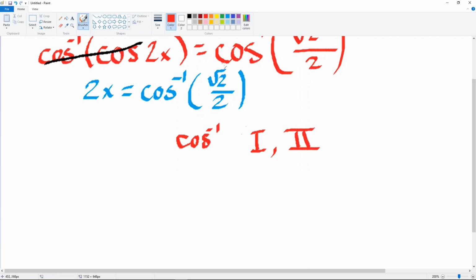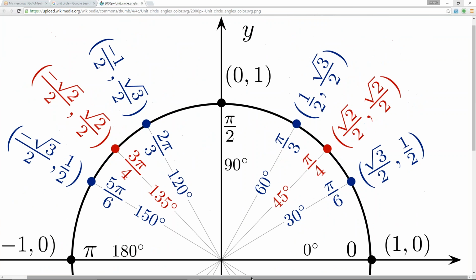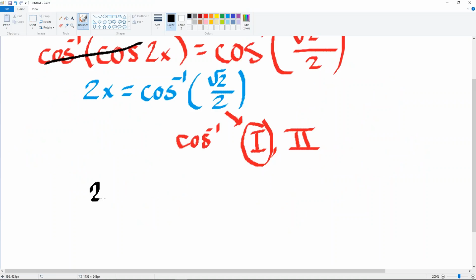In this case, it's positive, right? Yes. Radical 2 over 2, so we're going to be in quadrant 1. And if you look at your unit circle, quadrant 1 is right here. Cosine is the x-coordinate. So where is the x-coordinate radical 2 over 2? In the middle. Right. Pi over 4, that's right. So our answer is going to be 2x is equal to pi over 4.